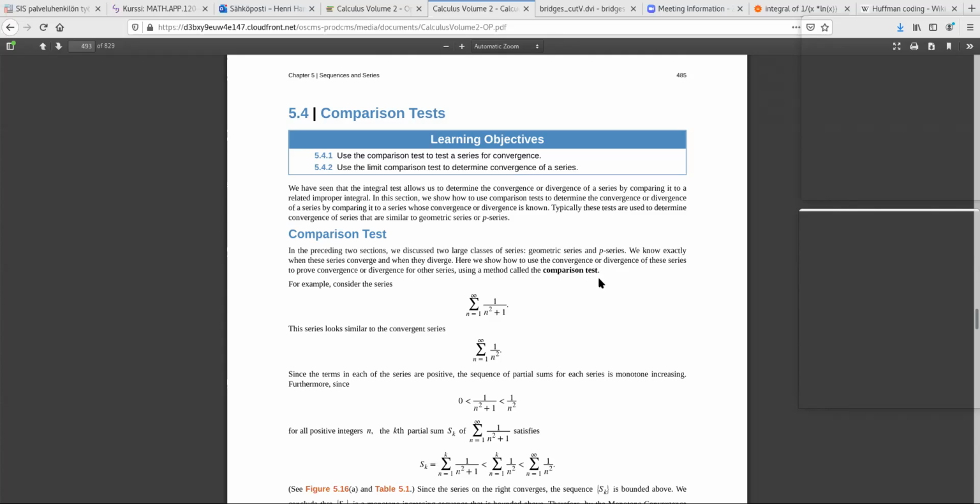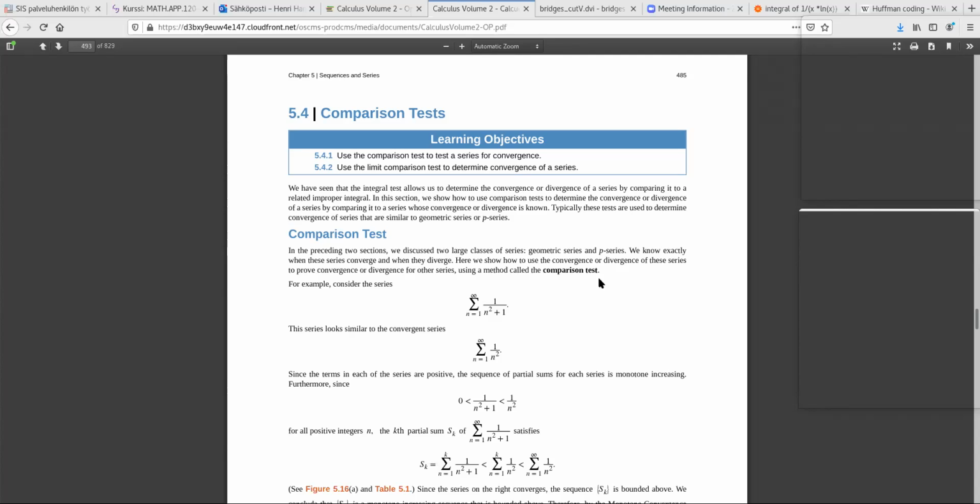So for instance, if we have the sum of 1 over n squared plus 1. This is not quite the same as the series of the sum of 1 over n squared, but the terms are all positive, obviously. We can look at these sums, all these are positive, so these are increasing sequences.